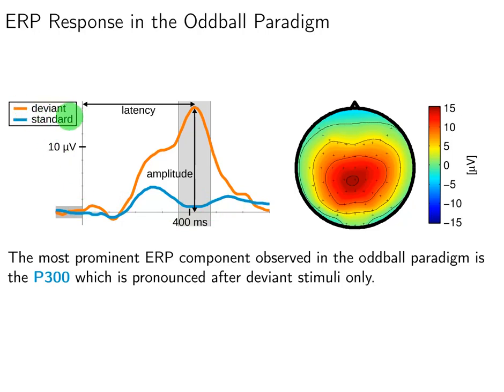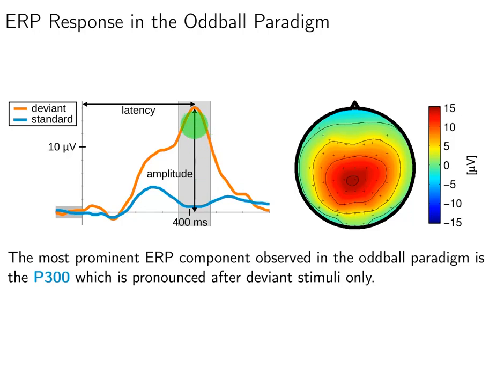Deviant and standard stimuli related brain response, or event-related response. And again, most of the time, the 0 here corresponds to the time when the stimulus was shown, and then the brain response. Okay, here this is an average example in time series form of visualization, while this one shows a topographic image.